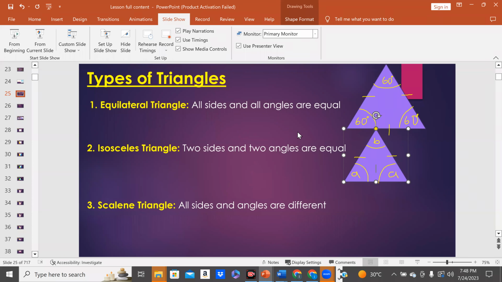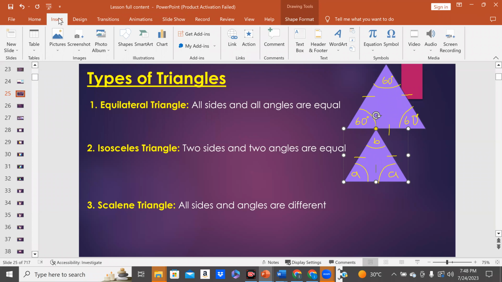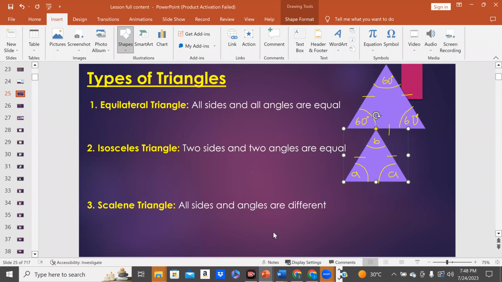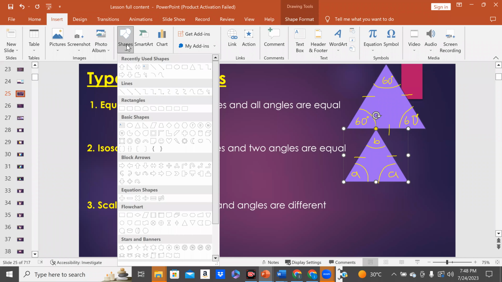It's going to be a weird looking one. None of the sides are equal. So I probably have to draw this one myself.